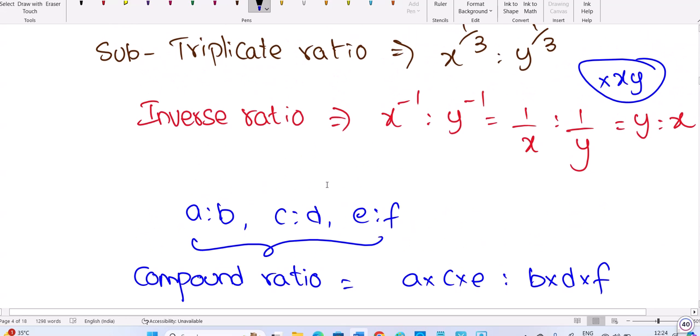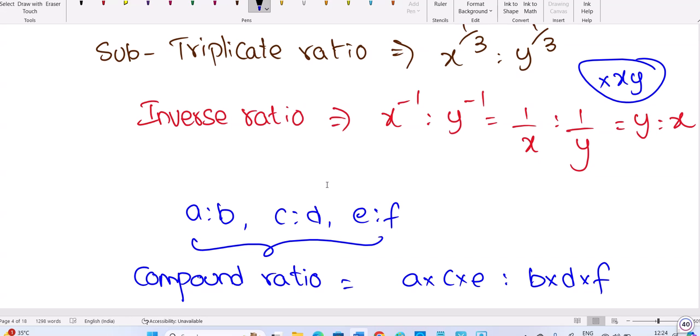If multiple ratios are given, the multiplication of all the first terms is the first term, and the multiplication of all the last terms is the last term. That is the compound ratio.